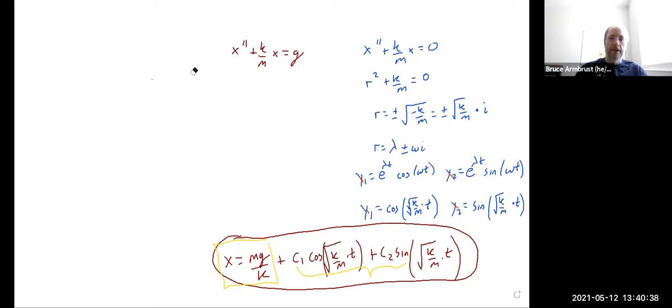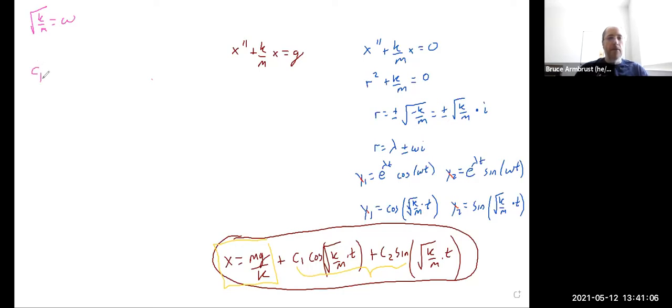But let's just clear all that stuff. Okay. So I'm going to ignore the mg over k, because again, that's just a vertical shift. Instead, let's just look at these pieces. So we're going to go ahead and call this omega.